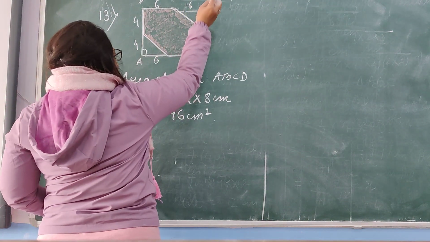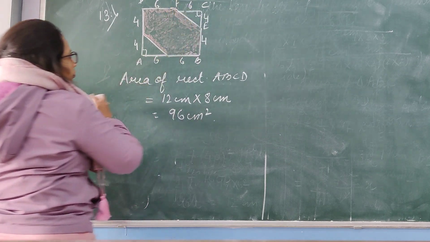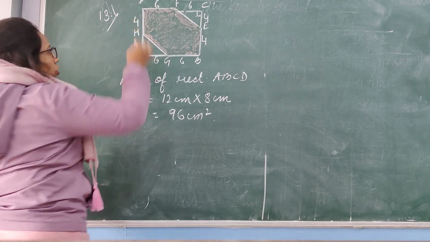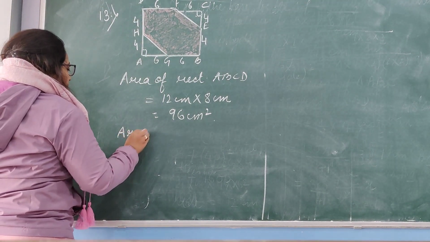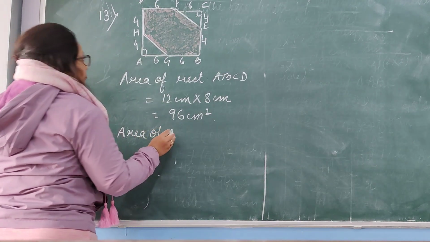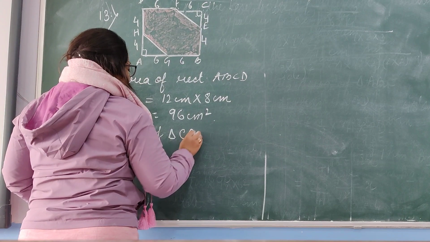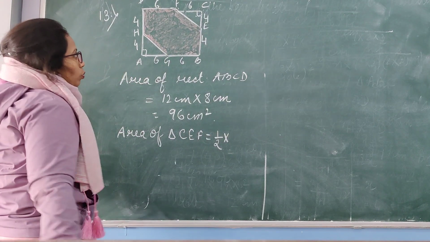Let's name them CEF and AGH. So let's find the area of triangle CEF. This is equal to half into base.